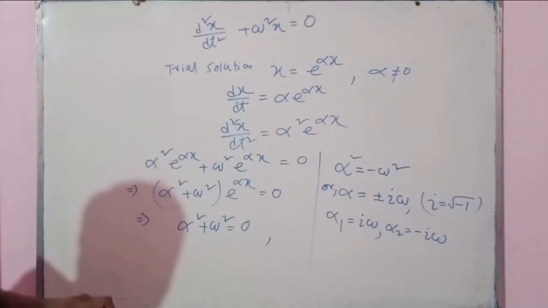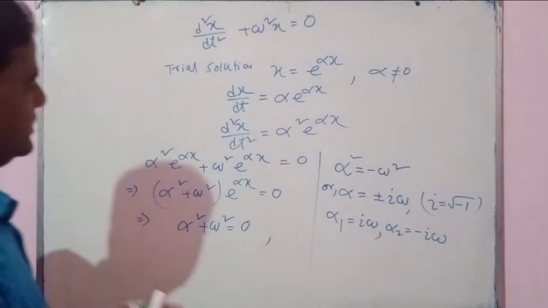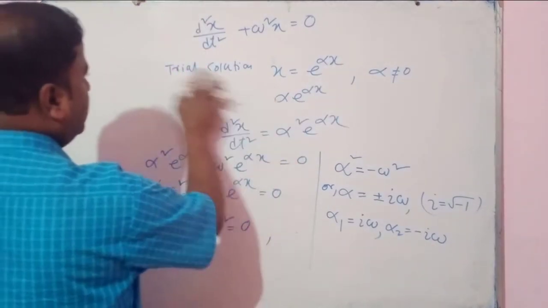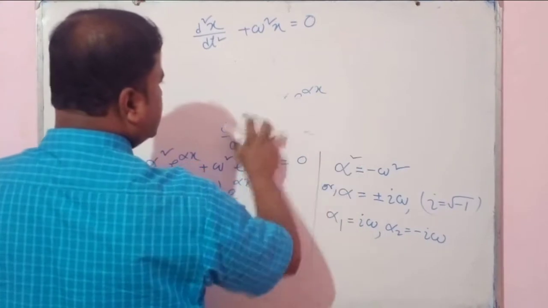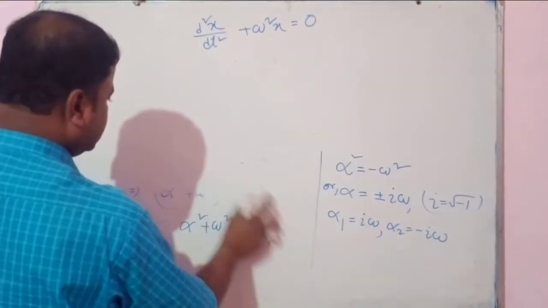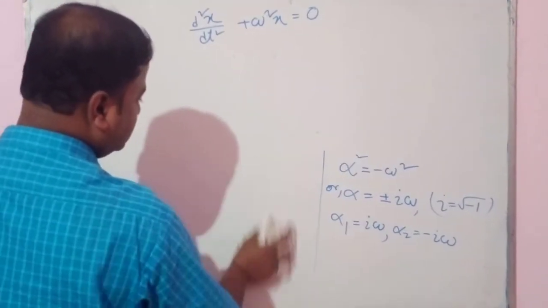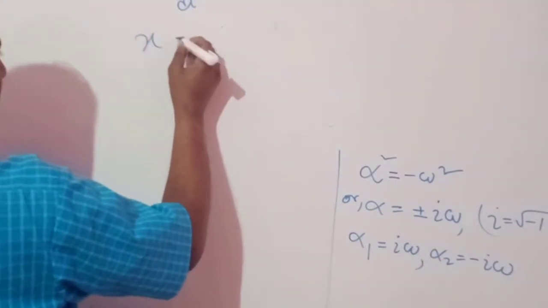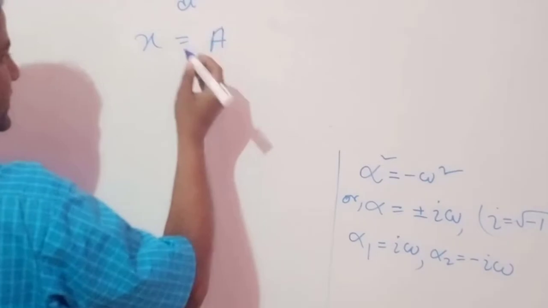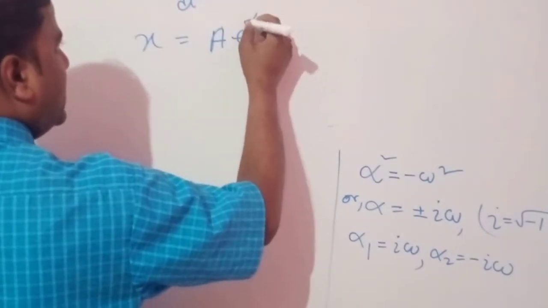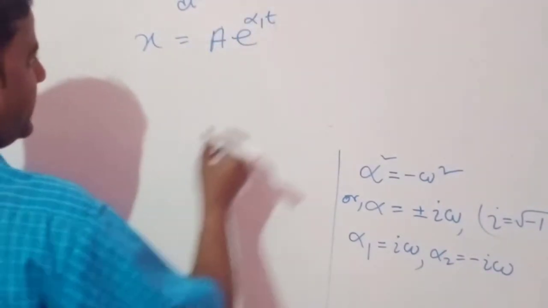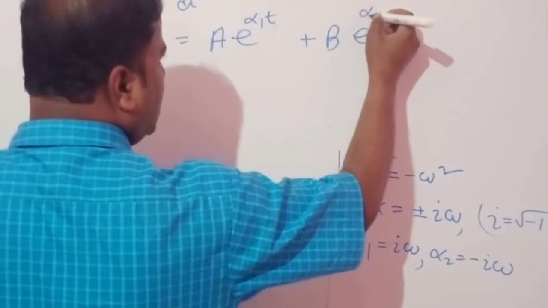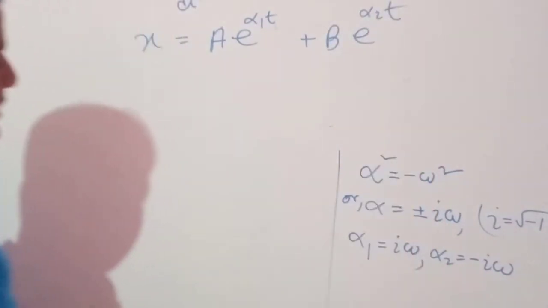Now what will be the general solution? Here there are two roots of alpha, so we find the general solution. The general solution is x equal to some constant a into e to the power alpha 1 t plus another constant b into e to the power alpha 2 t.